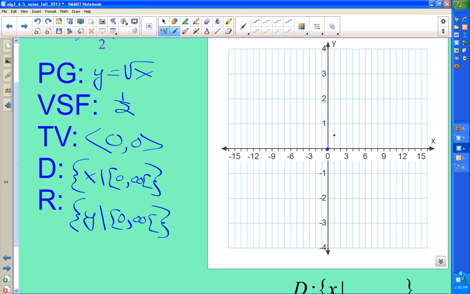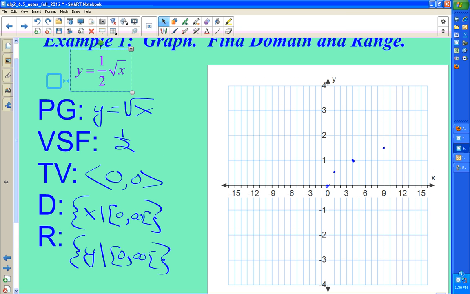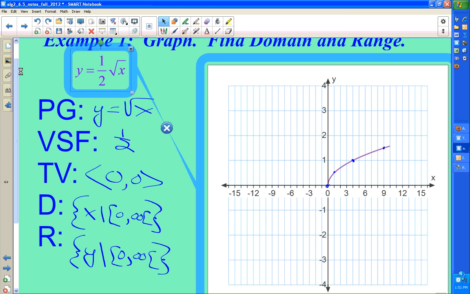What are we going to do? Up 1. And just for fun, in the parent graph, we normally go right 9, up 3. We're going to go right 9, up 1.5. So we would expect the graph to go through those points.